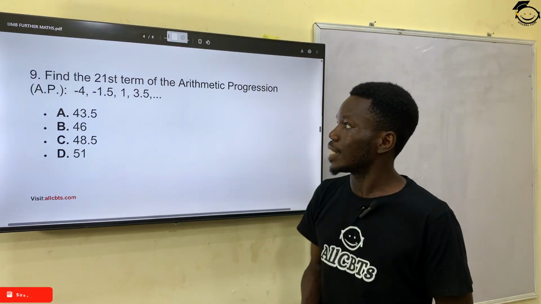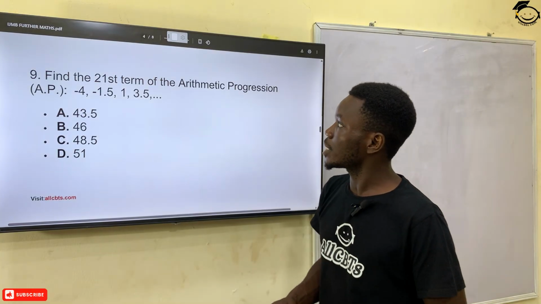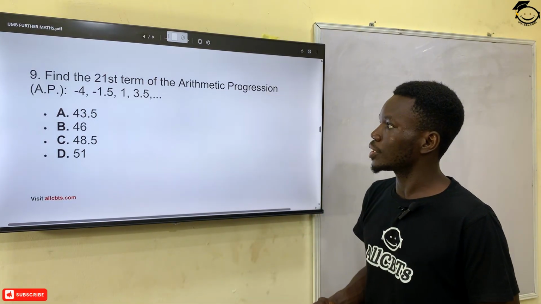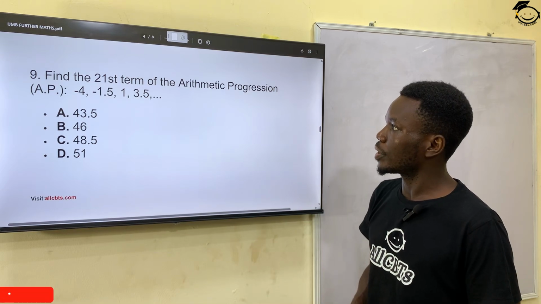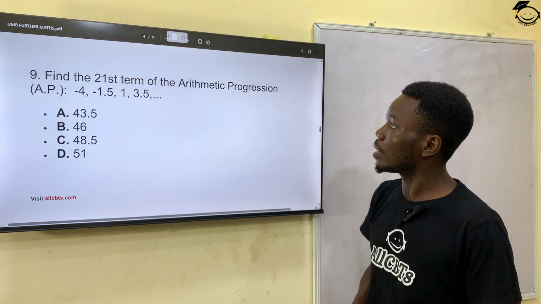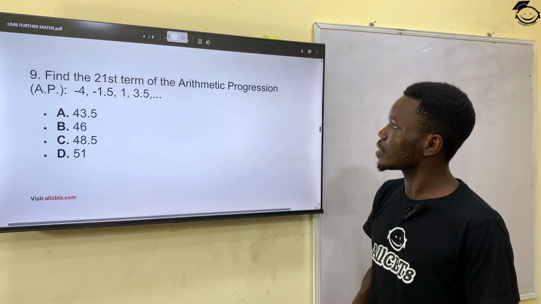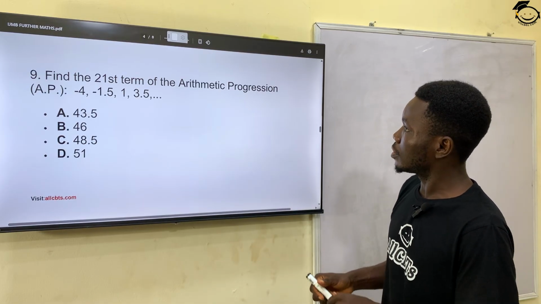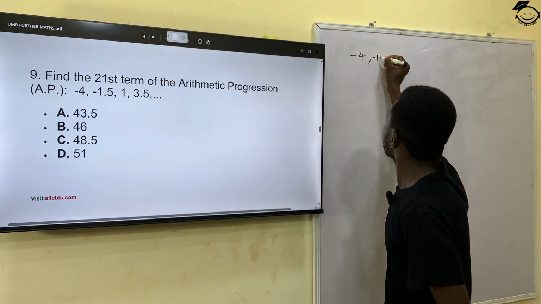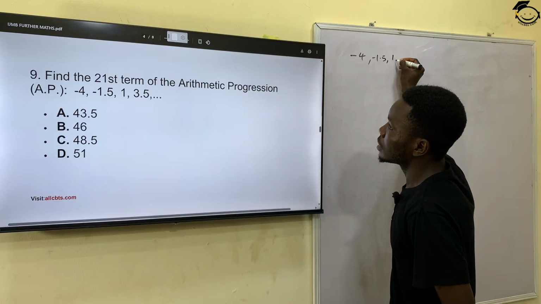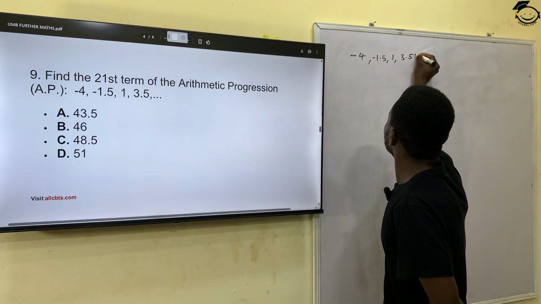So question number 9 says, find the 21st term of the arithmetic progression AP of minus 4, minus 1.5, 1, 3.5, dot, dot, dot. So in this arithmetic progression, I have minus 4, minus 1.5, 1, 3.5.